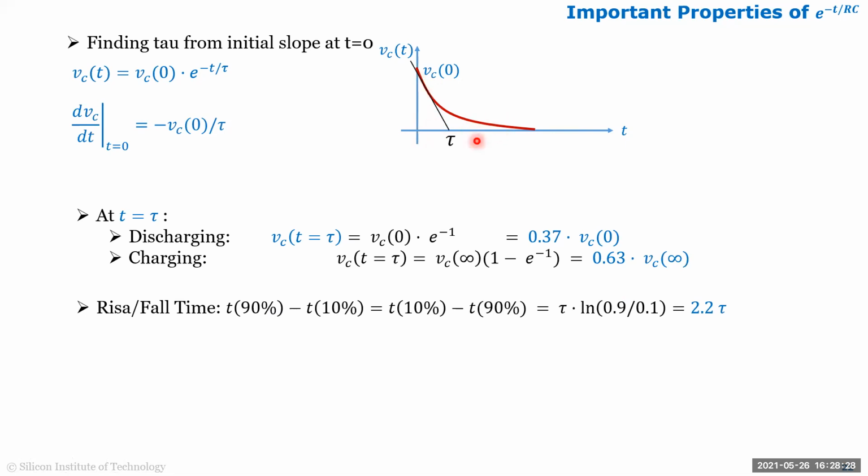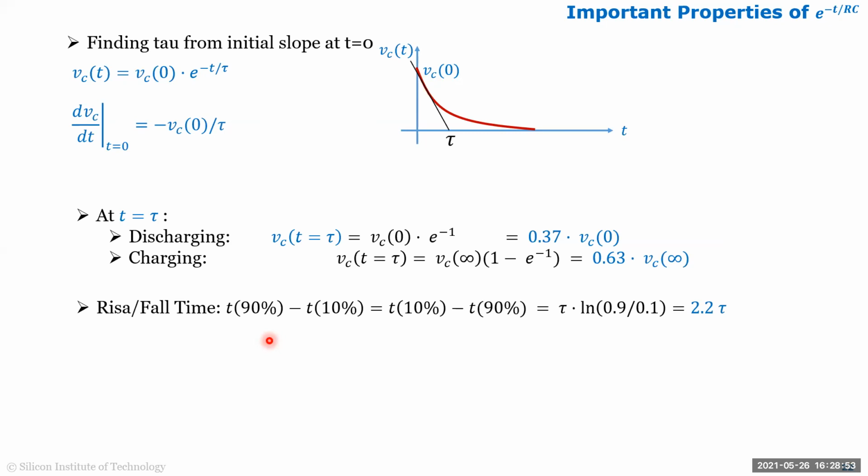That time is your rise time or fall time. And if you plug those values into the exponential equation, you'll see that that's around 2.2 times tau. So if you know tau, then for example, if your tau is a nanosecond, then your rise time is going to be approximately 2.2 nanosecond.